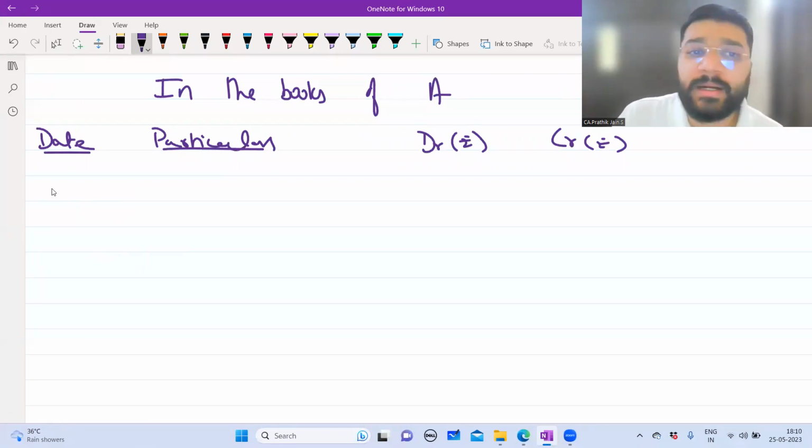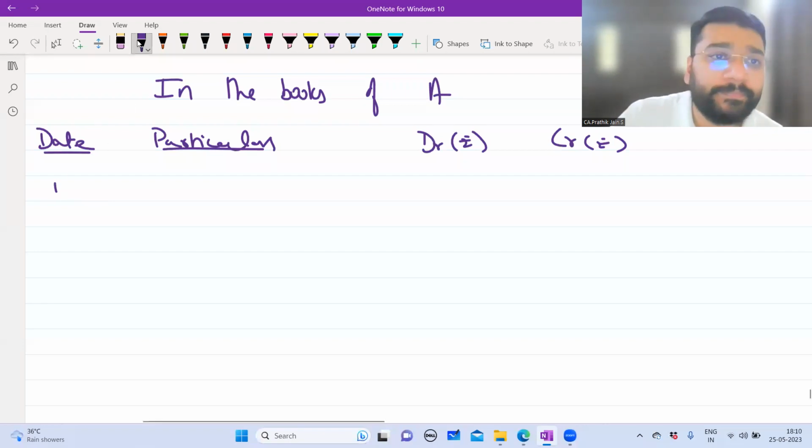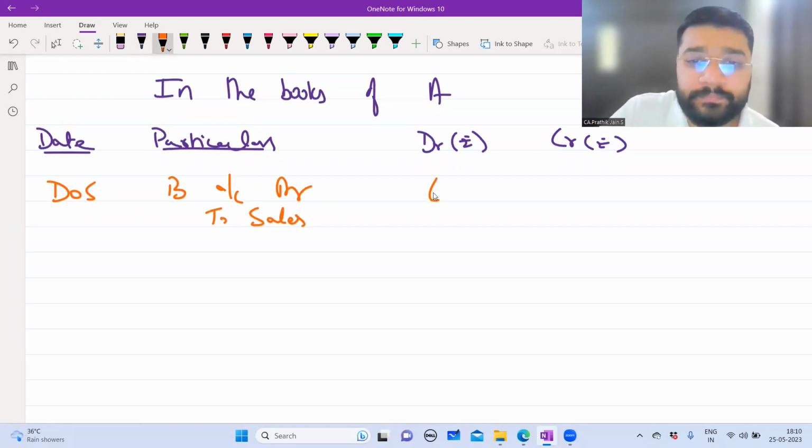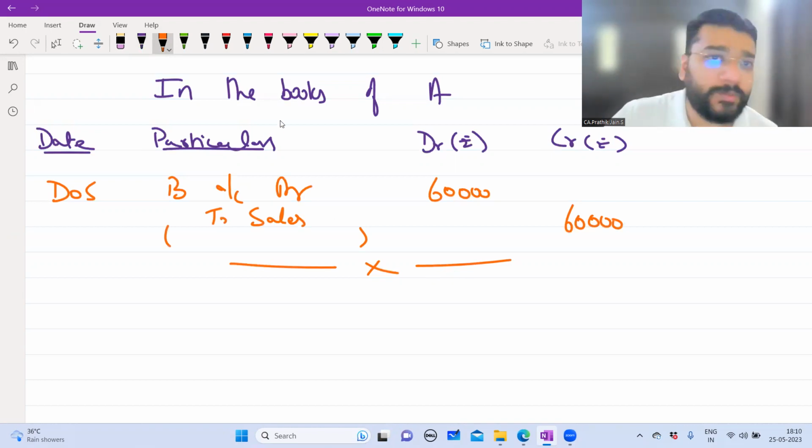What will be the entry on the date of sale? B account debit to sales, 60,000. This is not required; we did it only for our knowledge purpose.